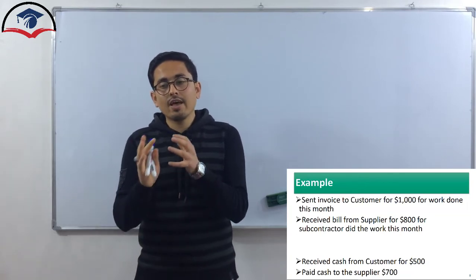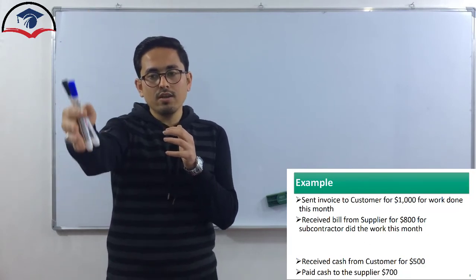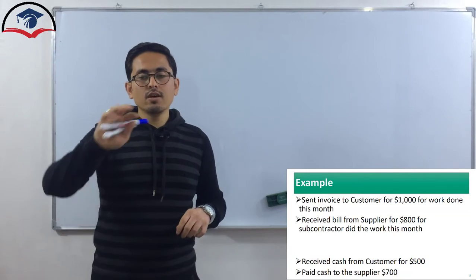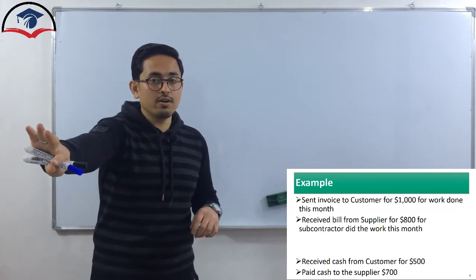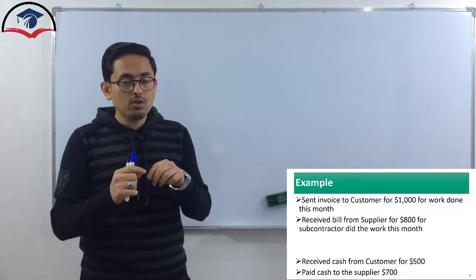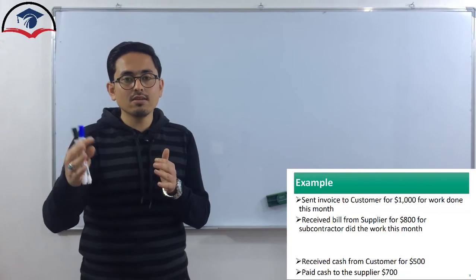But the case is different when you received the service in a previous period and now you are paying for that. You have already recorded that as expense during that period. In this period, you will decrease your payable because you are paying it now.